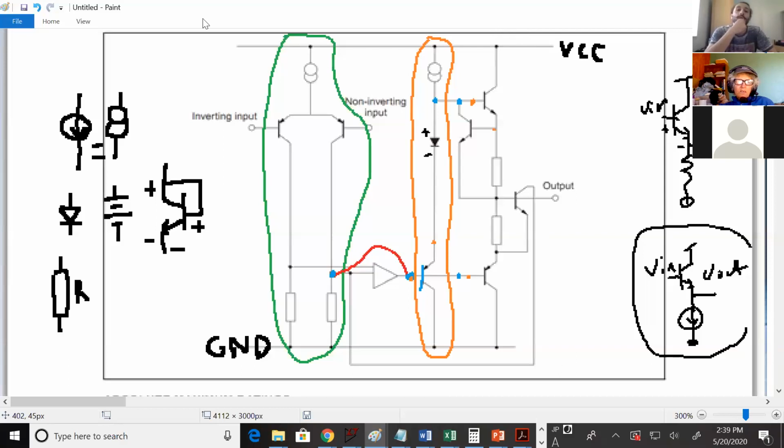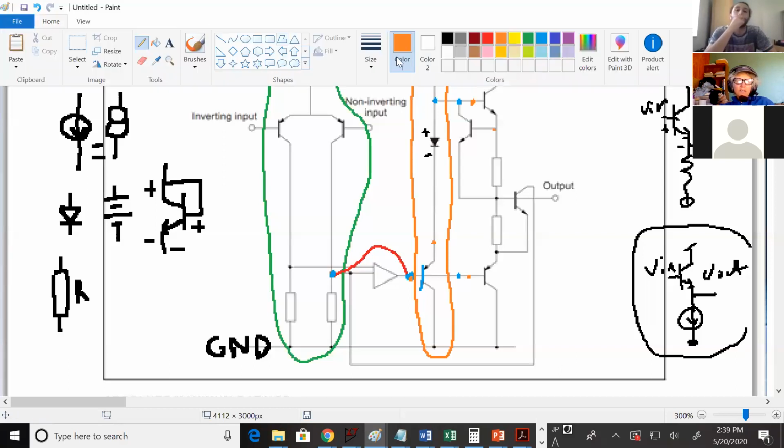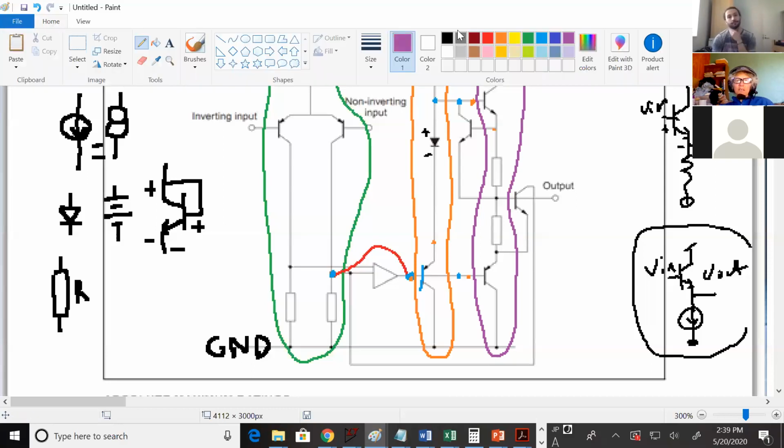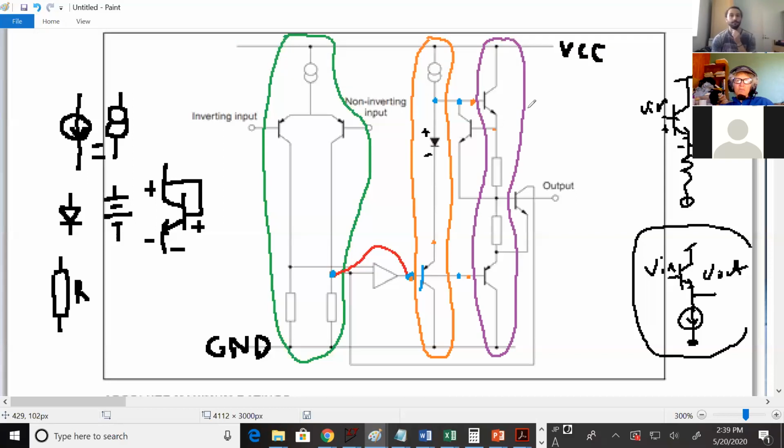Okay, so did green, should we do purple? So this is actually the push-pull. Okay, here's another question for you. I guess I'll do that in blue.